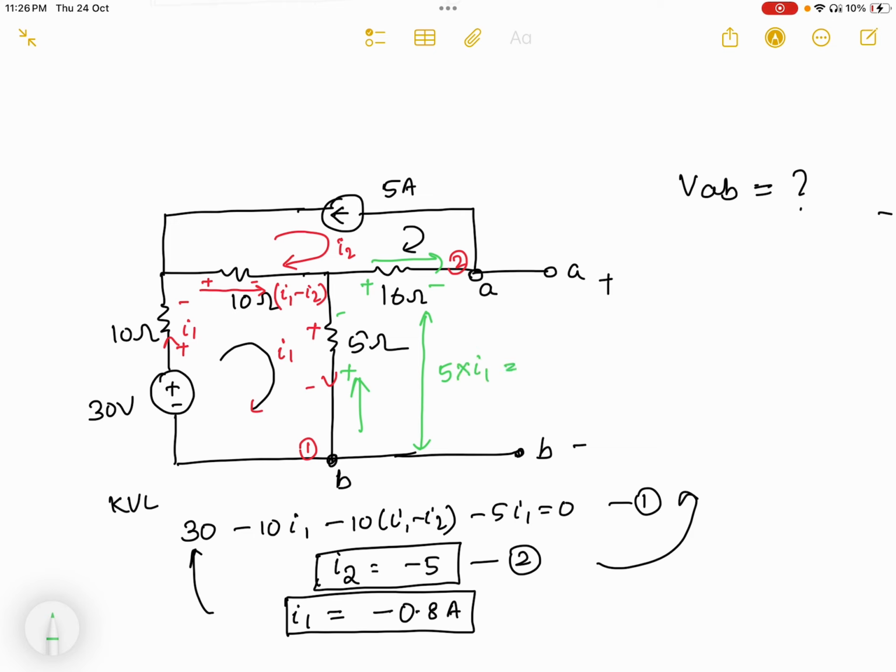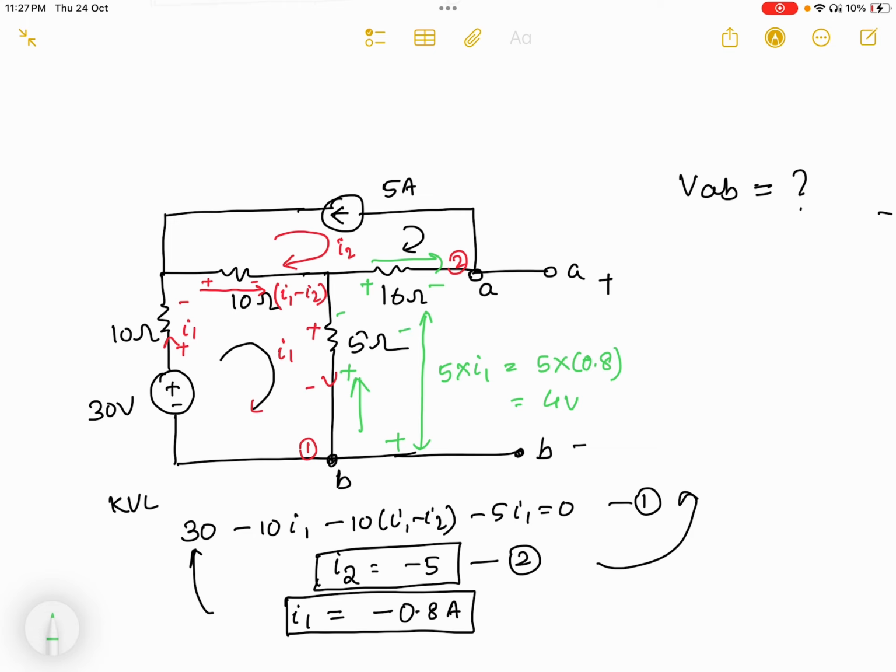So I will get here 5 into 0.8. So this is not minus 0.8, I am taking the actual current direction. I1 equal to minus 0.8, so current is flowing in the opposite direction. So I will get here 4 volt. So you can see 4 volt, but this one will be plus, this one will be minus.